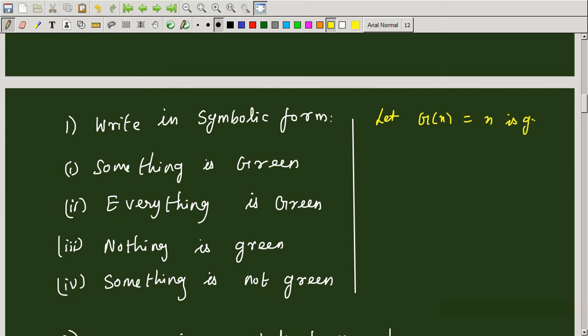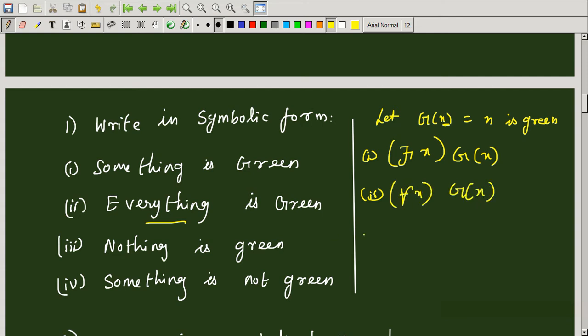First, something means a very small quantity, so we use there exists x g of x. Second, everything means the entire thing, so we use for all x g of x.